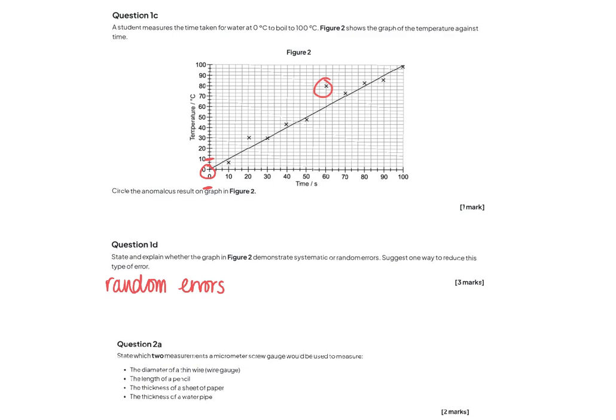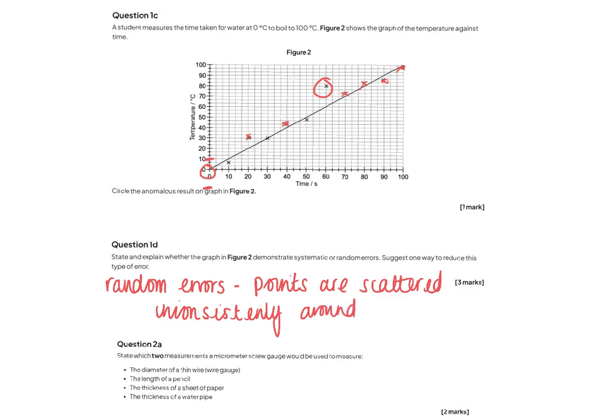And we can see that by looking at our graph. There's some up here, there's some down here. They are all scattered around the line of best fit, but they're inconsistent. They don't go up at one point and down at another. They're inconsistent across our line of best fit. So I'll write that down. Our points are scattered inconsistently around the line of best fit.